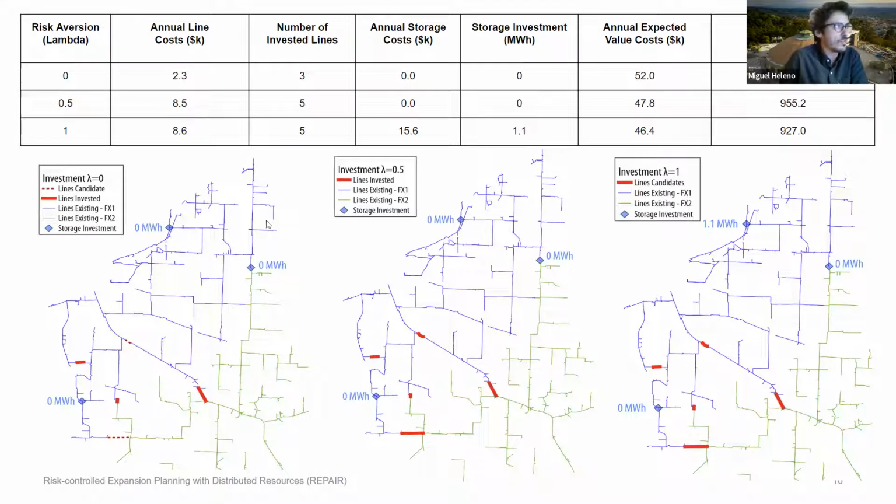And it's very interesting to note that the results for these 3 policies change. In the first one, only three candidates were selected as optimal investments. So basically only 3 of the candidates were viable. When we increase the policy regarding risk aversion, we actually have the 5 investments that were approved by the regulator being selected.